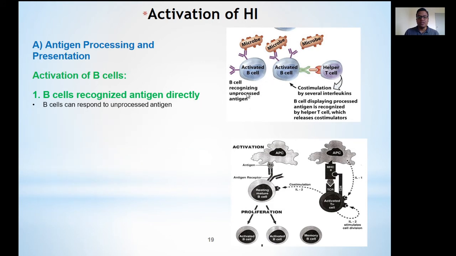Once the B cell recognizes the antigen, it will process it and present the processed antigen to the helper T cells, exactly like the function of APCs. B cells displaying processed antigen are recognized by T cells, which will release co-stimulators in the form of interleukins.